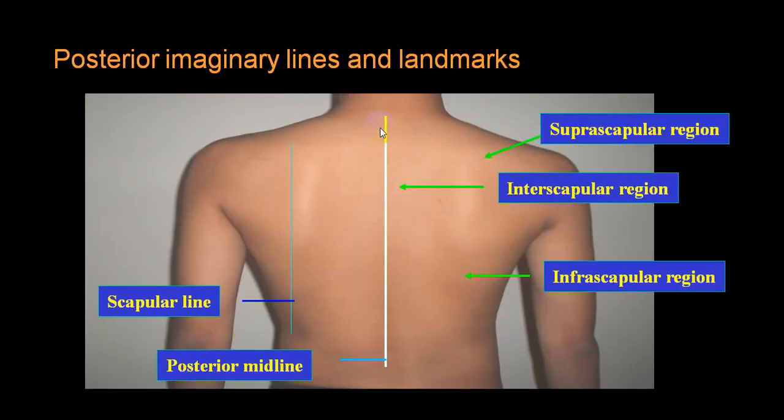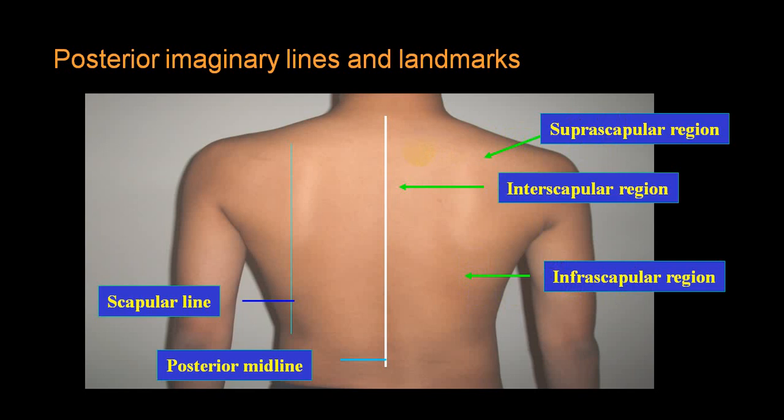Posteriorly along the spine is the posterior midline, and at the inferior angle of the scapula is the scapular line. Anything above the scapula is suprascapular, between the two scapulae the interscapular region, and below the scapula the infrascapular region. These are the areas we utilize for percussion, auscultation, palpation, as well as inspection.